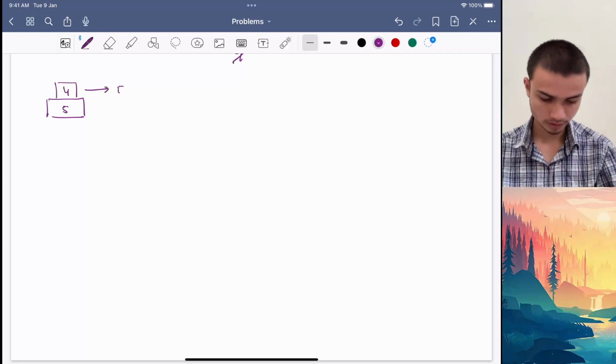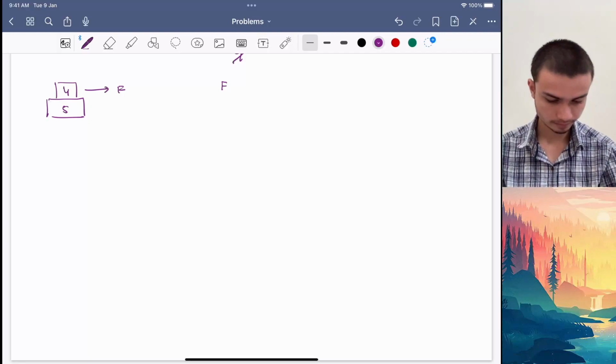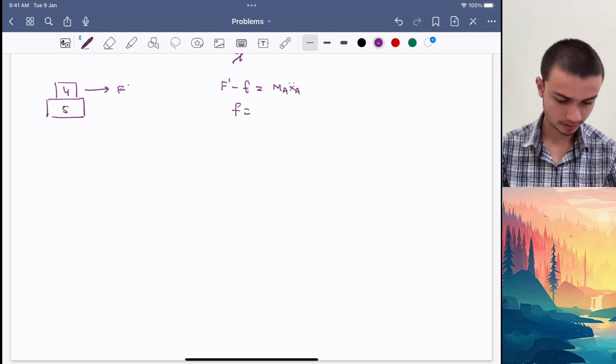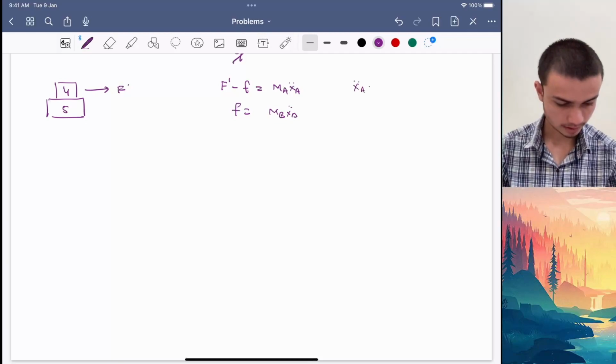It's quite simple again. F prime is the new force, and minus the frictional force will give me MA XA double dot, and f will just be equal to MB XB double dot, and XA double dot equals XB double dot.